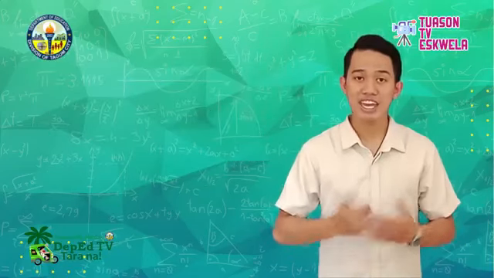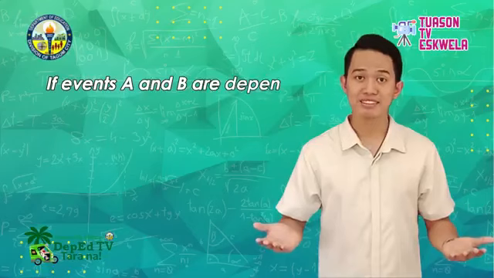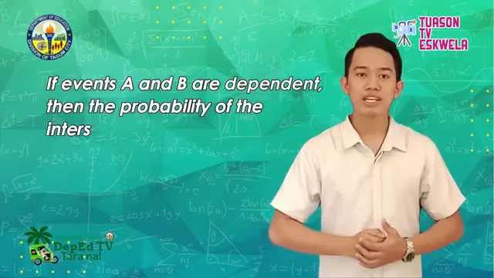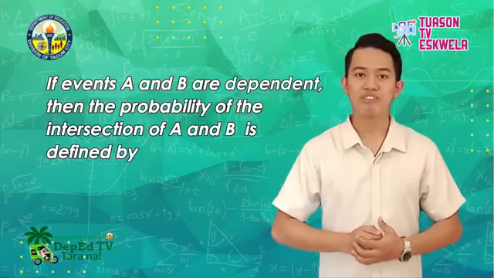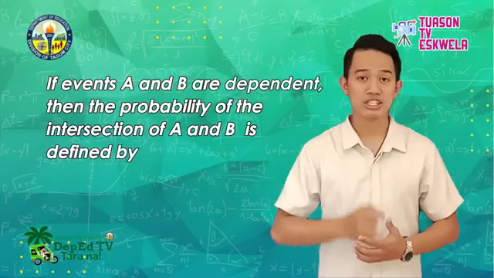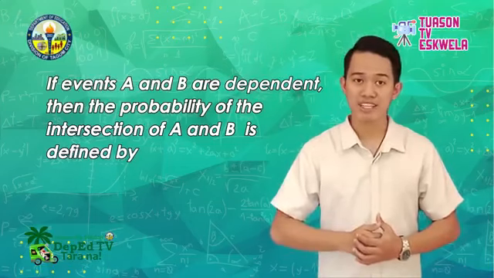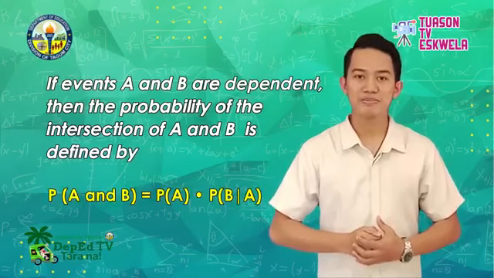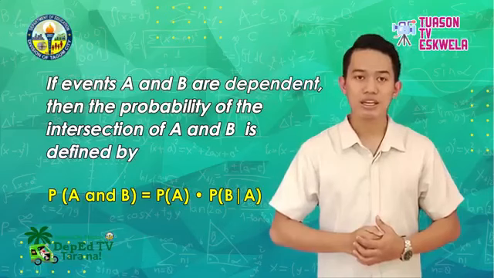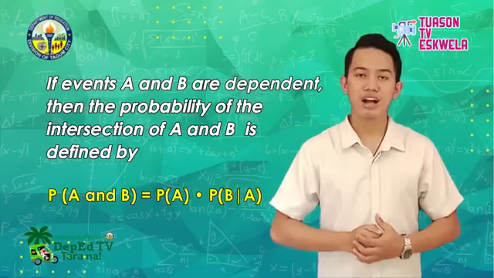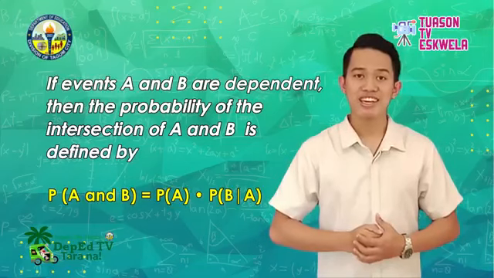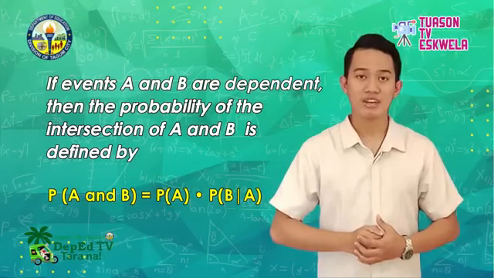If events A and B are dependent, then the probability of the intersection of A and B, that is the probability that both events occur, is defined by the probability of events A and B is equal to the product of the probability of A and the probability of B given event A occurred.